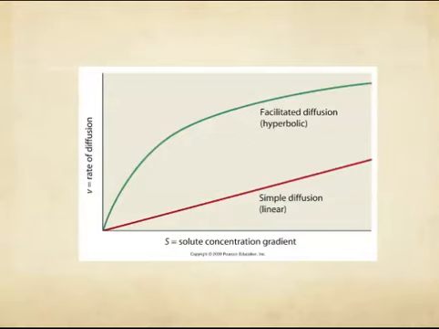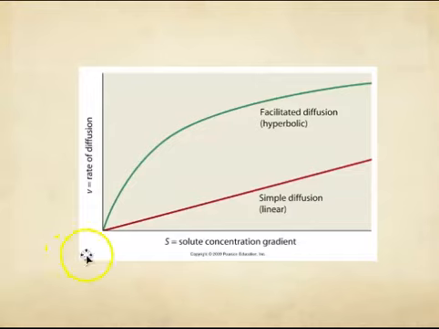On this slide, we're looking at this phenomenon of simple diffusion, which is that the concentration gradient is going to determine the direction of flow and the speed of flow.